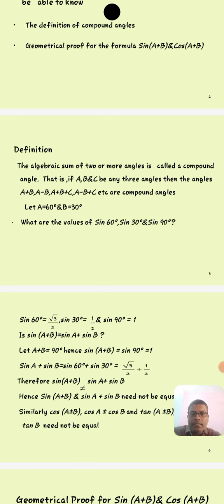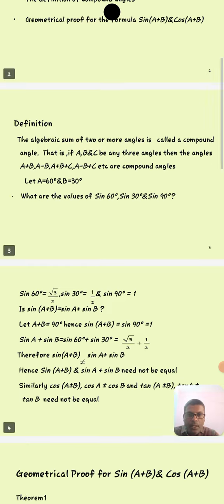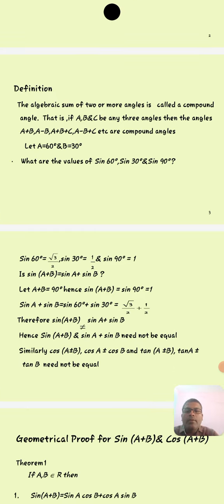Compound angles. You see here, let A equal 60 degrees and B equal 30 degrees. What are the values of sin 60, sin 30, sin 90 degrees? We know that these values are available at 10th class level. What is the value of sin 0, sin 30, sin 45, sin 60, sin 90? Those are in one table.